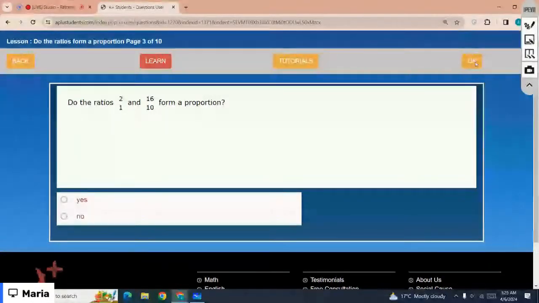Okay, do the ratios 2 by 1 and 16 over 10 form a proportion?